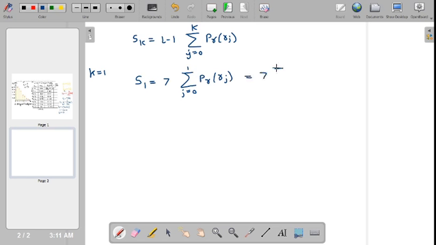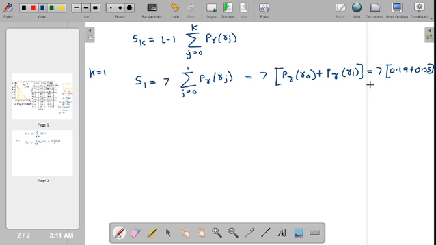That is 7 into p r of r0 plus p r of r1, which is 7 into 0.19 plus 0.25. The answer is 3.08.